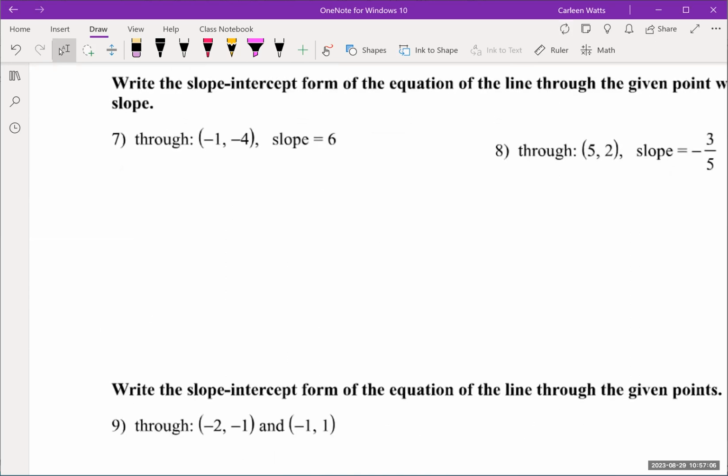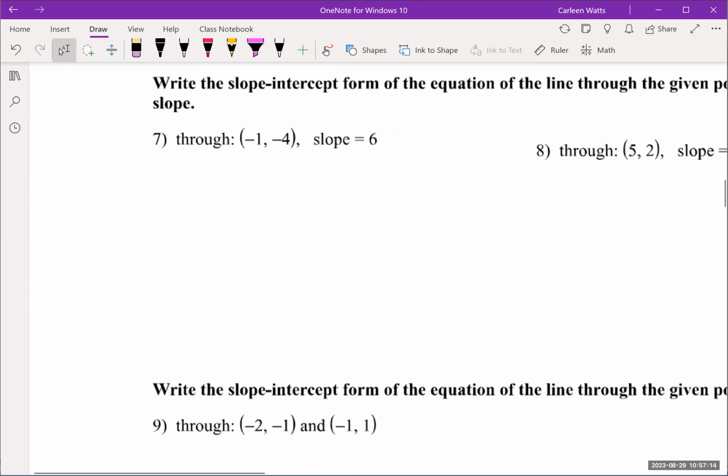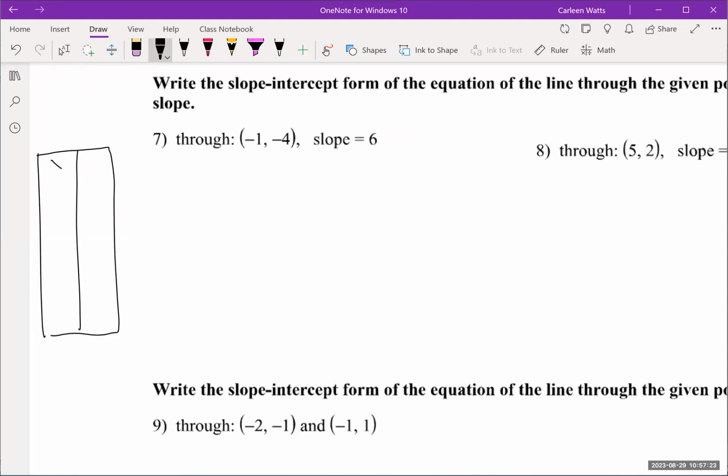Write the slope-intercept form of the equation through the given point. Okay, so let's make a little table. The slope is 6/1.